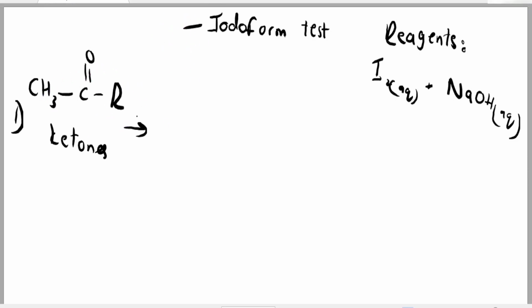So ketones react with iodoform reagents, and what you get is the CH3 breaks off and you get C double bond O. The R group remains where it is, and instead of the CH3 you have an alcohol now, plus the CH3 will combine with iodine to make CHI3.